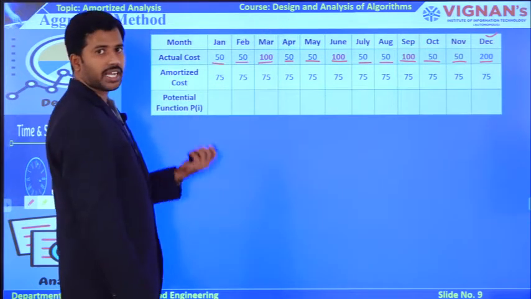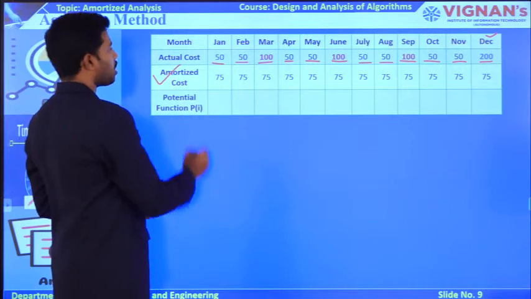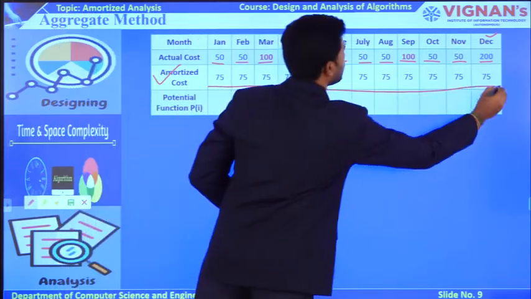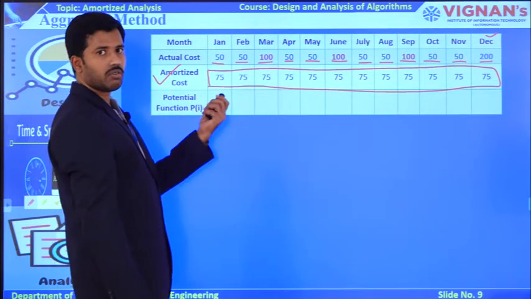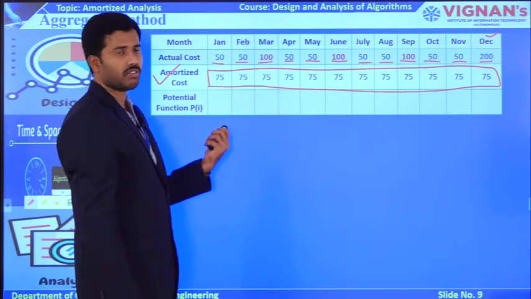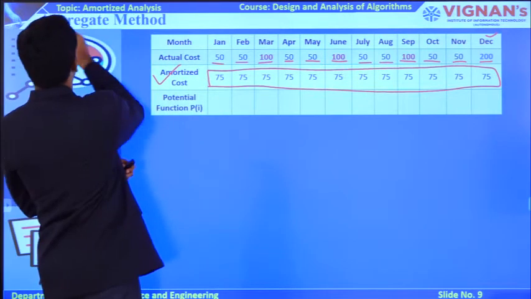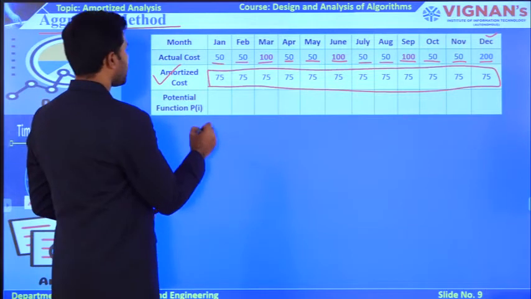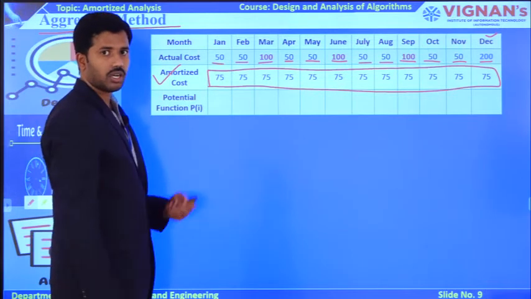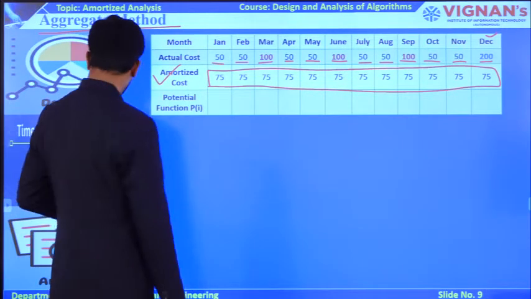Now based on this aggregate method, what is the amortized cost I got? 75. That's why all the values under amortized cost will be filled with 75. Why? Because based on this aggregate method, I got the amortized cost as 75. Now how to fill this potential function?